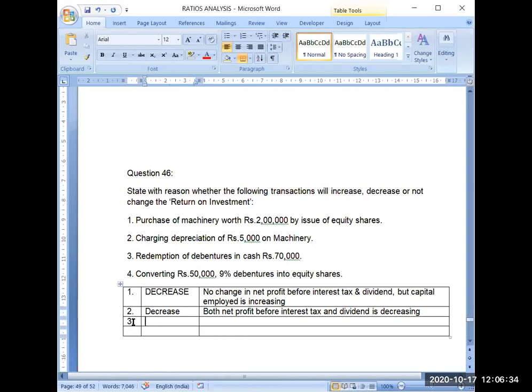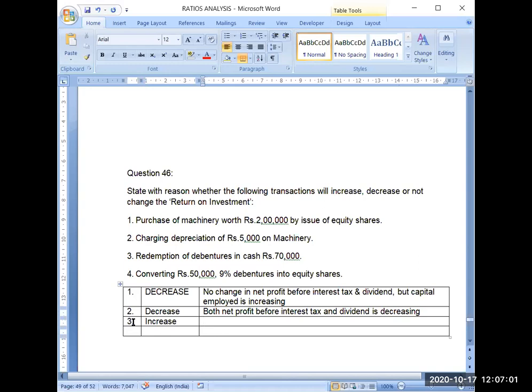So profit will not get affected, but your loan is reducing, your debentures are reducing. That's why your capital employed is reducing. Because of that, the numerator is not changing, but the denominator is decreasing. In that case, the ratio will increase.